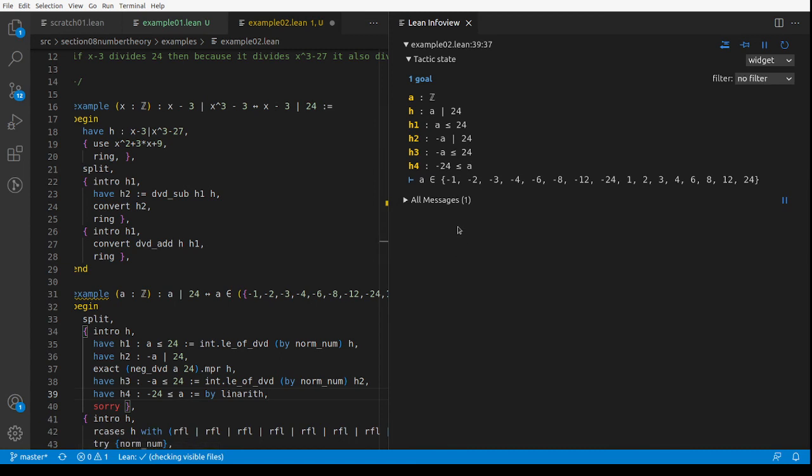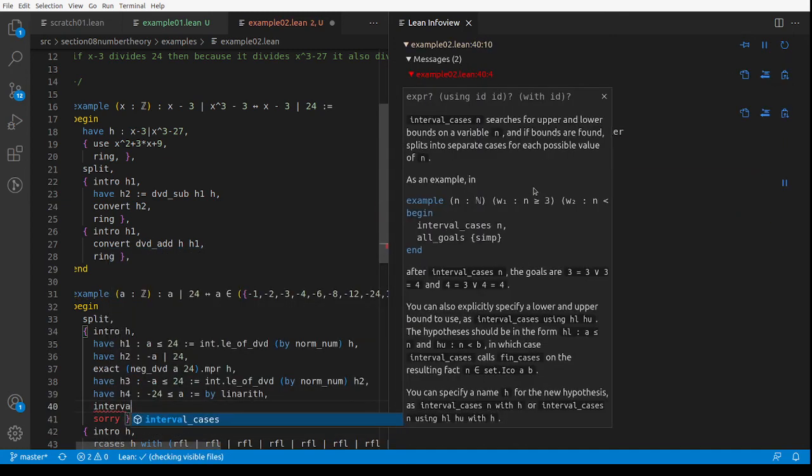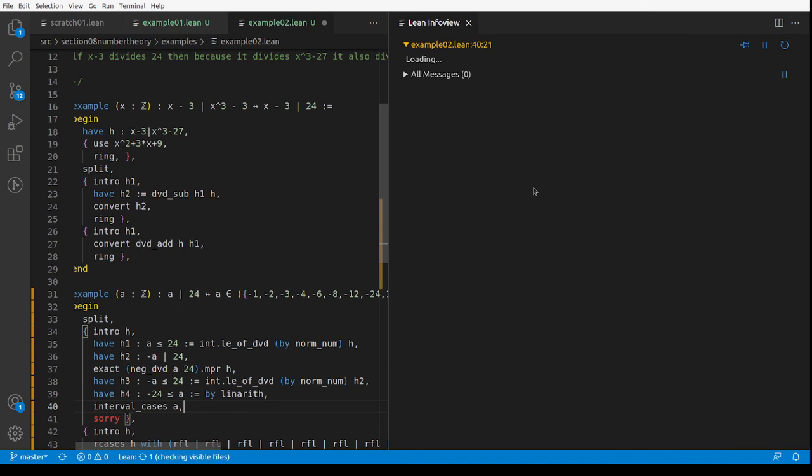There. So now you see, we know that a is less than or equal to 24 and a is greater than or equal to negative 24. And so we know there's only 49 possibilities for a. And so the way to continue now would be interval_cases a. And then we'd get 49 cases. And in those 49 cases, we would either prove that a was in the set, which is what we wanted to do.